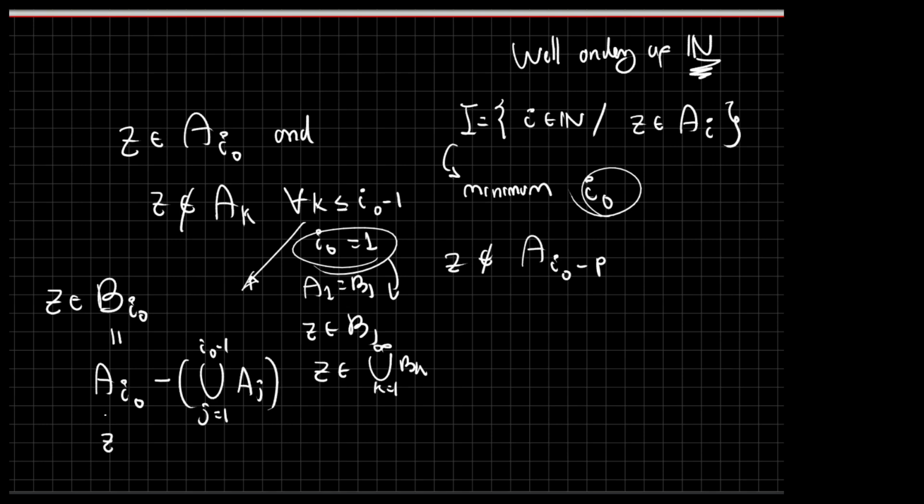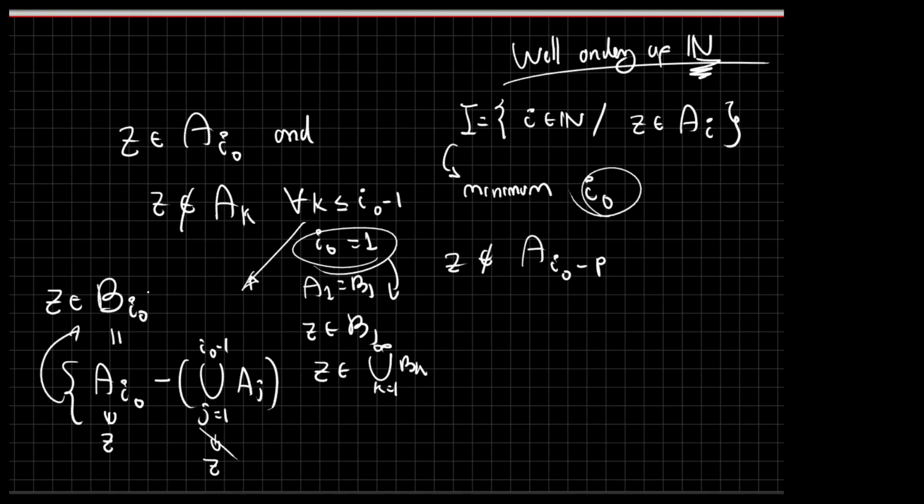But you know that zeta is here and zeta is not here by our choice of the index, by the well ordering. So given that zeta is not in this union, then zeta will still be in this set. All right, that's kind of clear.